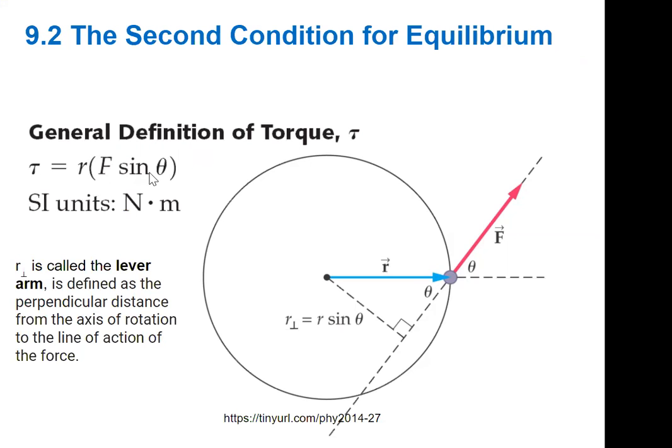You can also do R sine theta times F, where R sine theta is the lever arm, which is the distance from the axis of rotation to the line along which the force is acting on the object. So that's the lever arm.